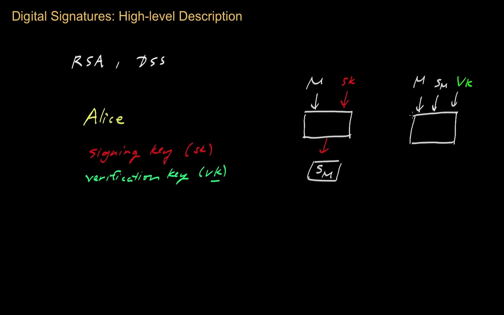These three inputs are put in, and a mathematical transformation is applied to them. What that transformation is trying to ascertain is that the signature you see corresponding to the message M is one that would have been produced by Alice's private signing key, and this private signing key in turn corresponds to Alice's public verification key.